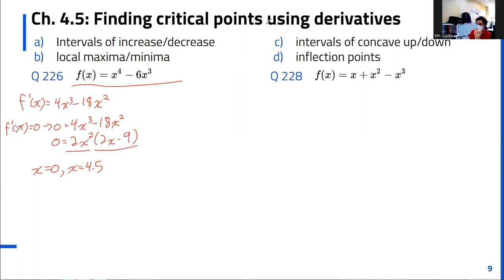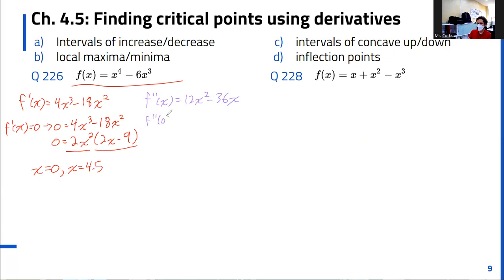our second derivative. Second derivative is 12x squared minus 36x. And we'll substitute in our points here.